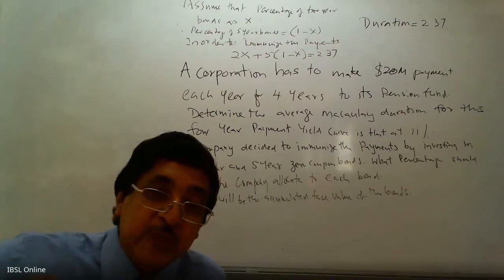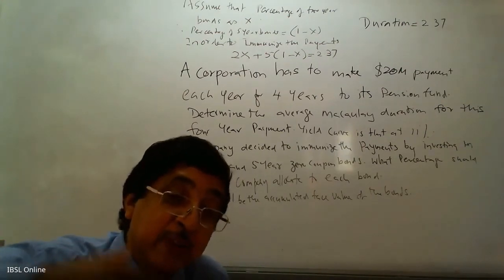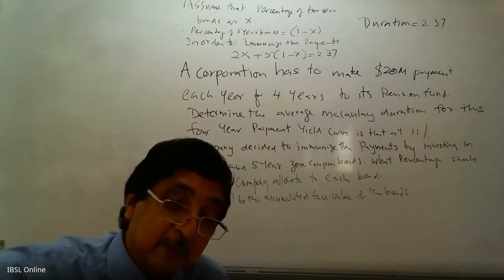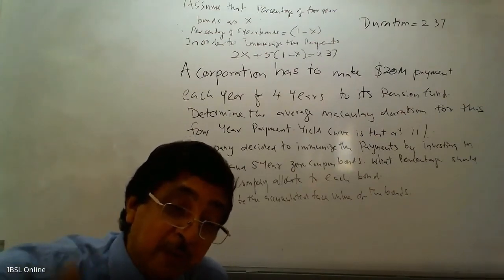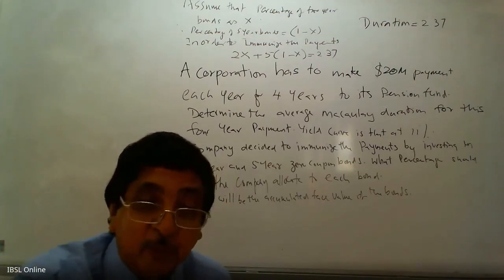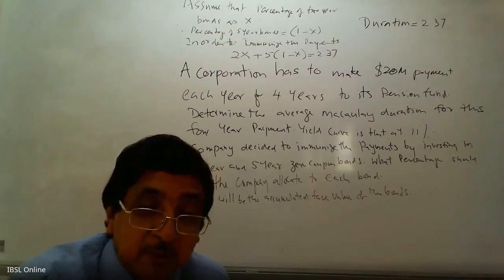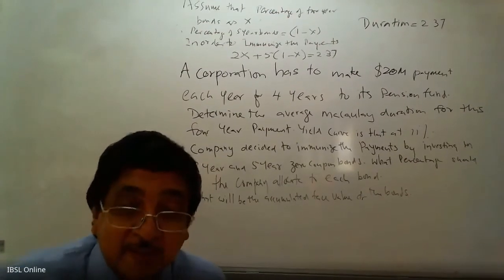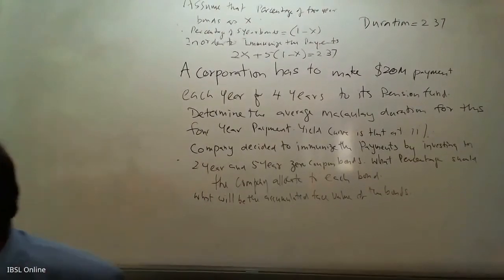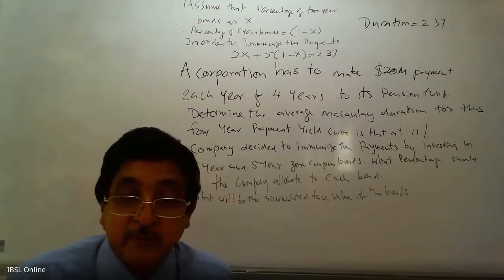Now, we are going to have 4-year payments, the present value of which will be 62.04. That we calculated, no? 62.04. Now a question is asked, what is the face value of total bonds? What they ask is that. What is the face value of total bonds? Now, how are we going to do it?